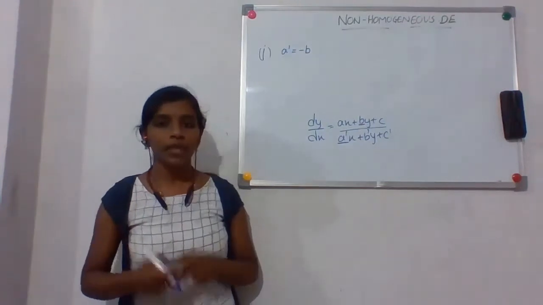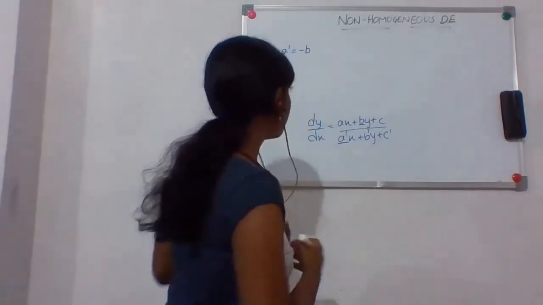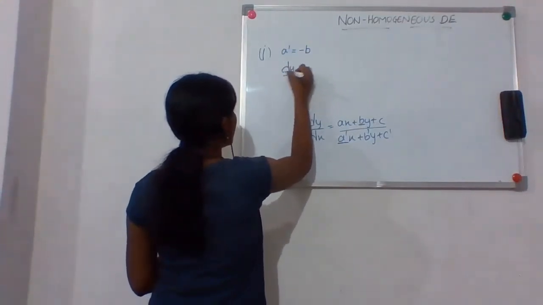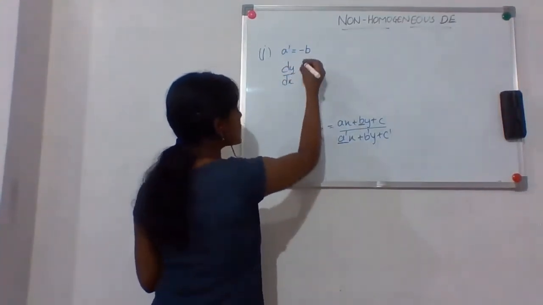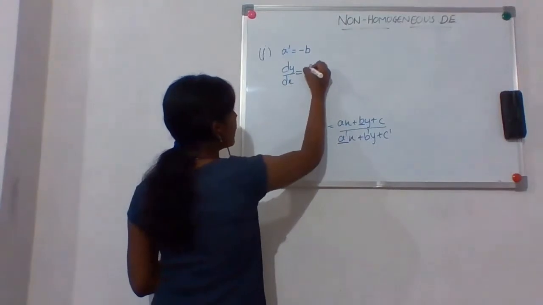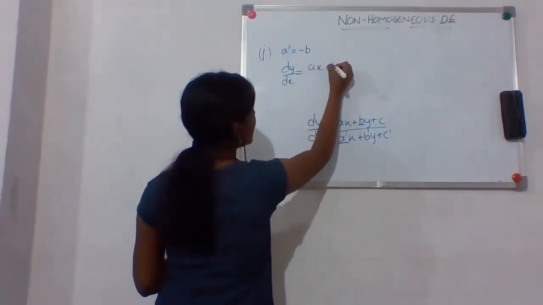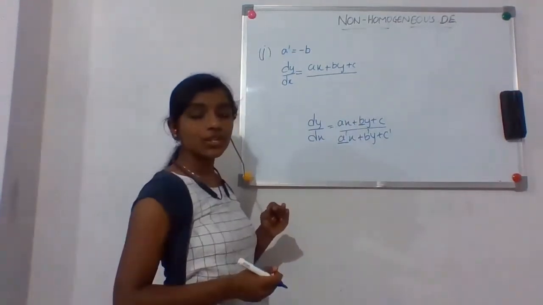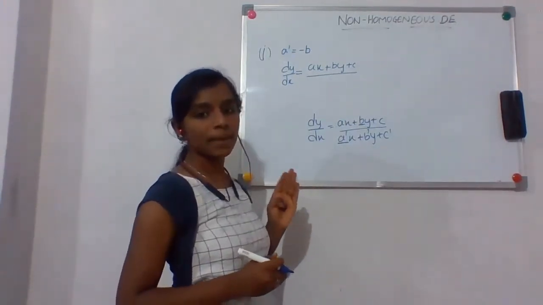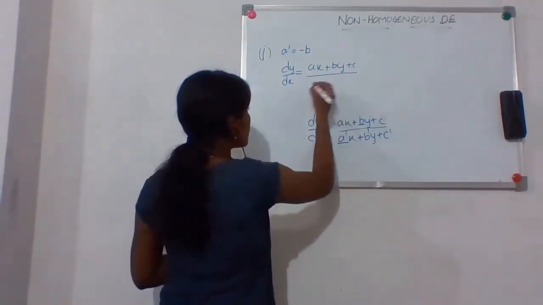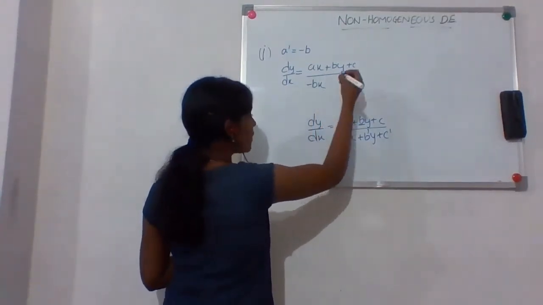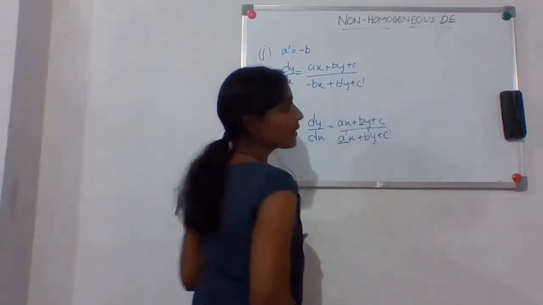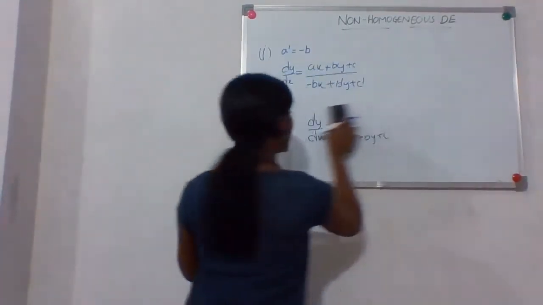If you write it more clearly, what will the equation be? dy by dx is equal to (ax plus by plus c) by (instead of a dash, minus b must be present in the first case, right?) so minus bx plus b dash y plus c dash. Am I right? Now let me erase this part.